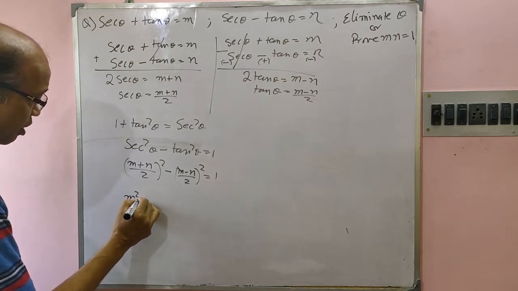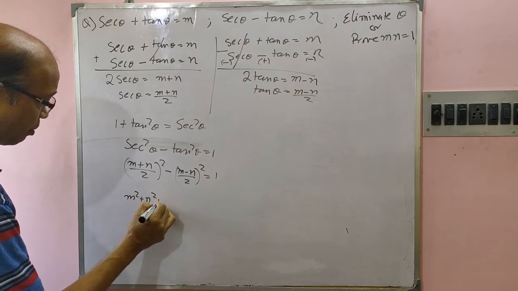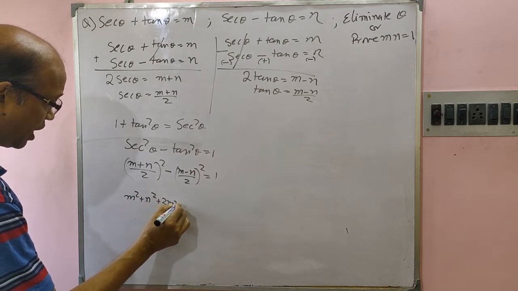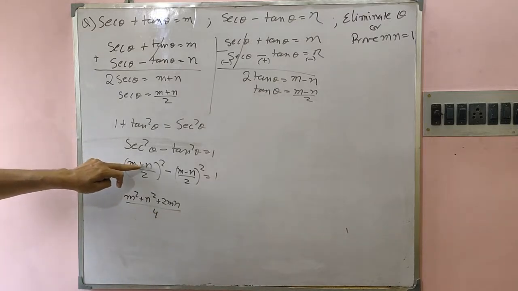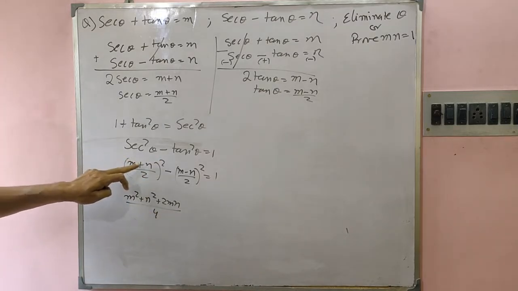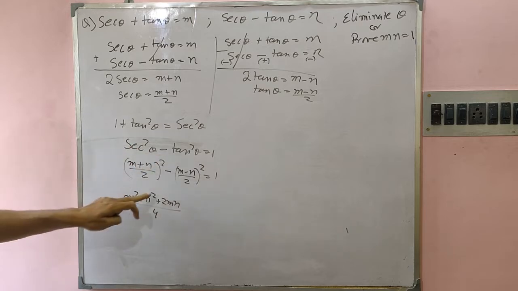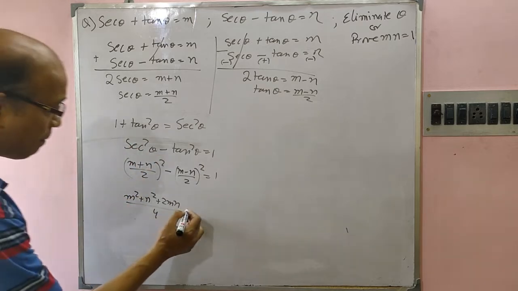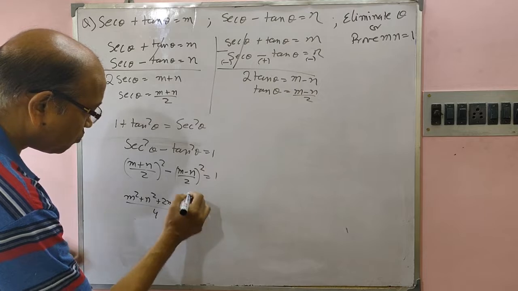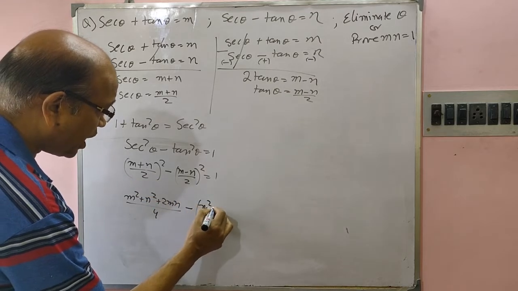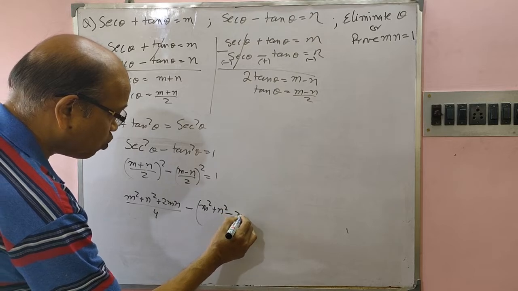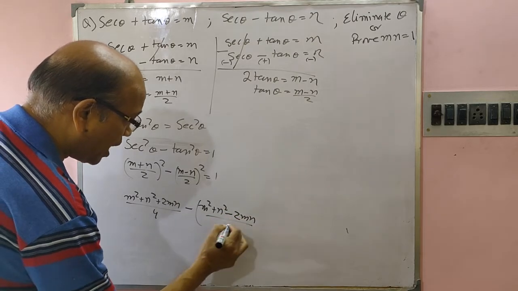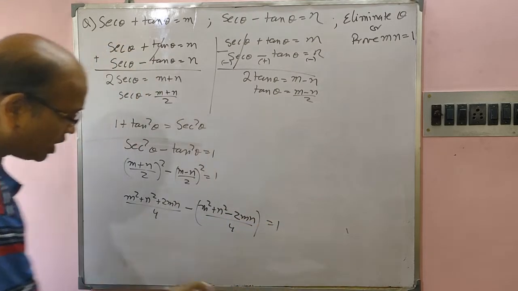m square plus n square plus 2mn by 4. Opening this a plus b whole square, m square plus n square plus 2mn, and this 4 here, minus again m square plus n square minus 2mn by 4 is equal to 1.